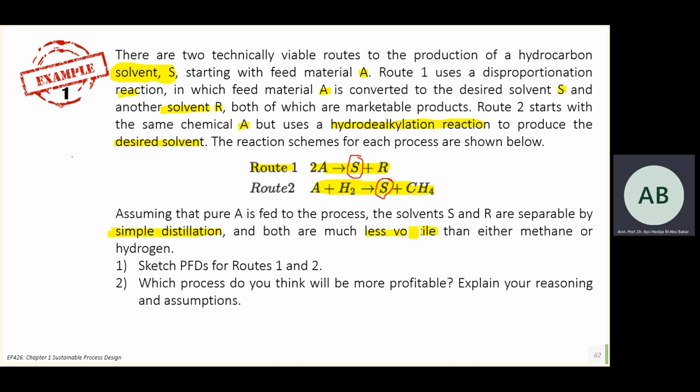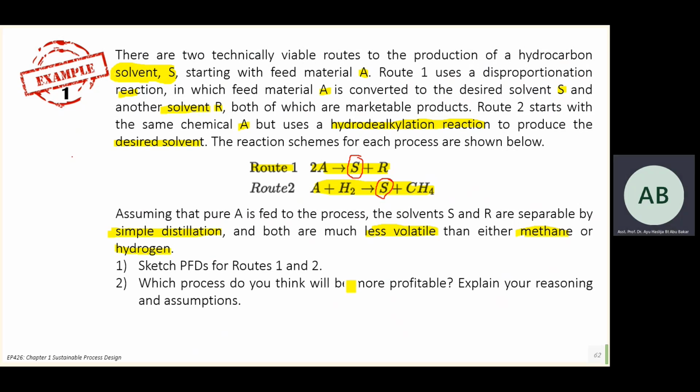Less volatile than methane or hydrogen, here CH4 and H2. In route 2, there might be hydrogen in the stream as well, excess of reactant. Okay, there are possibilities.